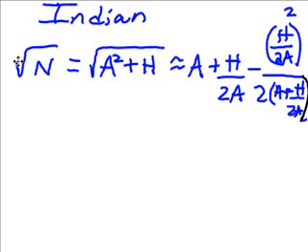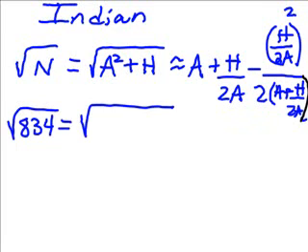All right, so to begin with, we need to identify a and h. That's the most important thing. And from our previous work with the square root of 834, we know that it's 28 squared plus 50. So the square root of 834 is equal to the square root of 28 squared plus 50.